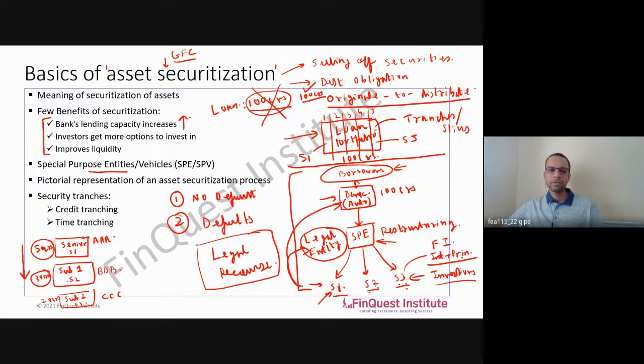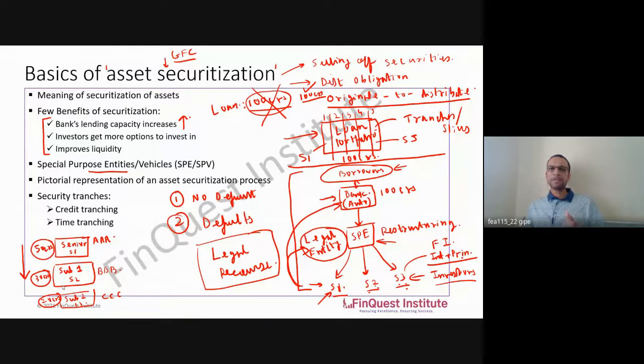After that, whatever remains will be used for meeting the 20 crores requirement of subordinated 2. So this is the priority assigned to these tranches, the prioritization of cash flows. Be it any prepayments, the idea of cash flow doesn't change. Your senior most tranche is eligible for the cash flow first. Then come your lower tranches, sub 1 and sub 2.